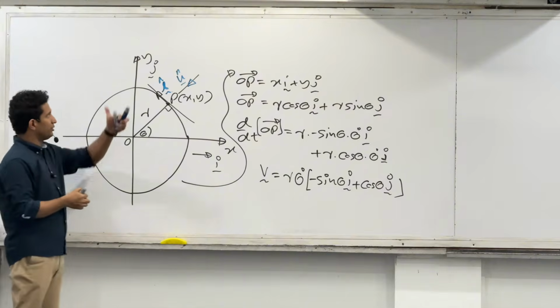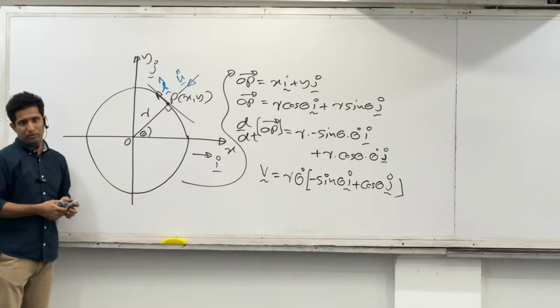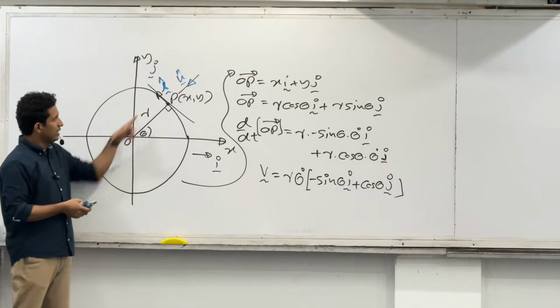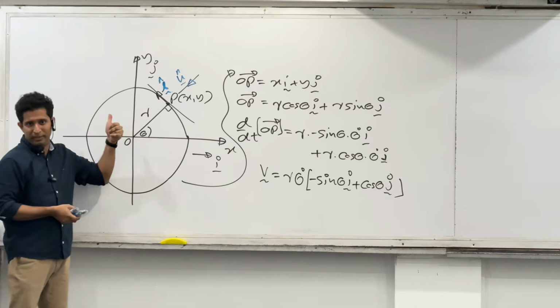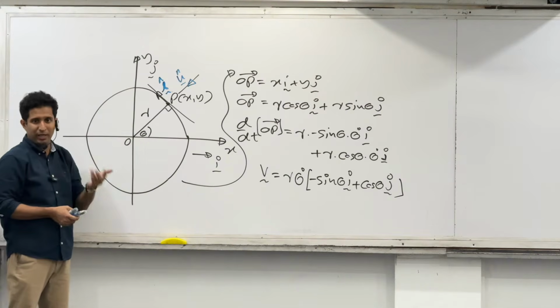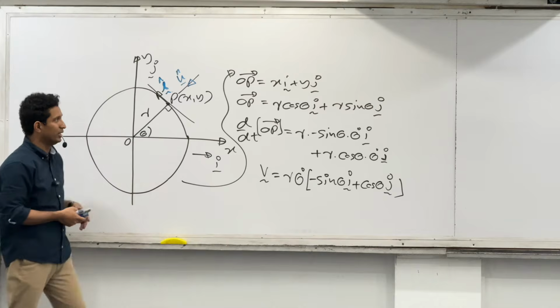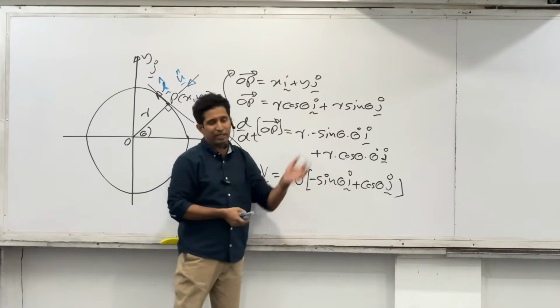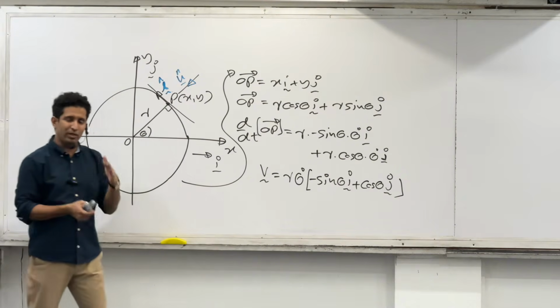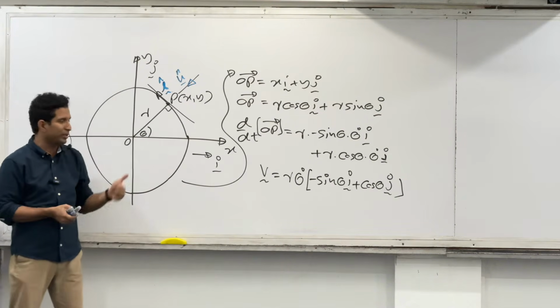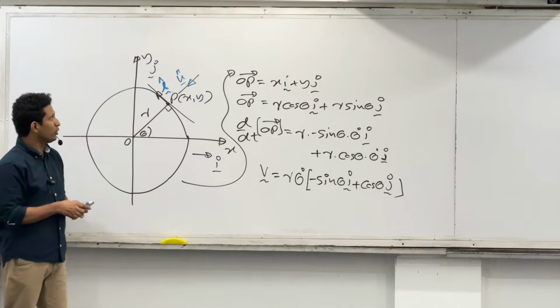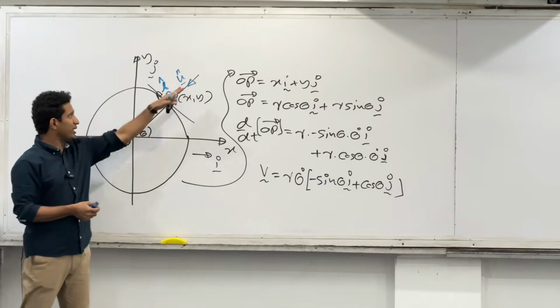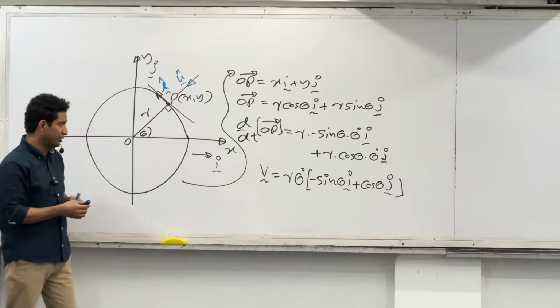Now what is u? You know the unit vector in this direction when r is 1. Now OP was r times cos theta i plus r times sin theta j. When you divide OP by the modulus of OP, which is r, you get the unit vector in this direction, that means minus u hat.